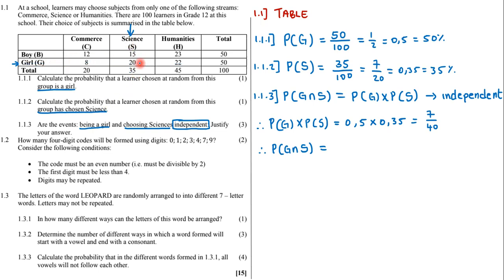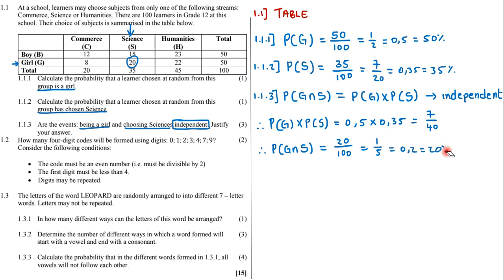So as you can see, this is where they intersect. So this then means this is the event of a girl and a science, or girl intersecting science. So in this case, it is 20 over, now the total, remember, the total is still 100. So it is 100, and this is 20%, or you can say it is 1/5, which is 0,2, which is 20%, right?